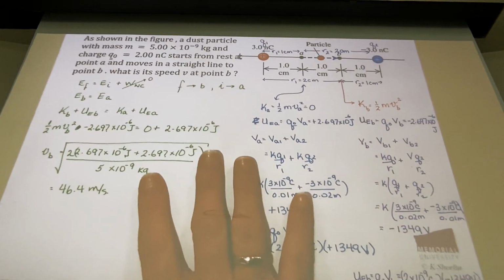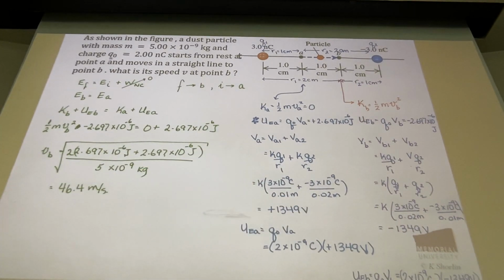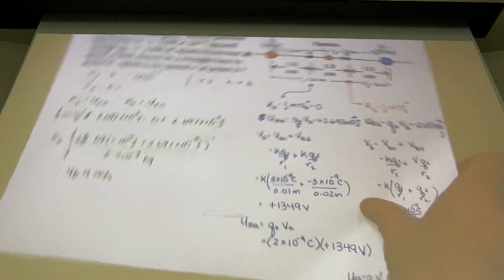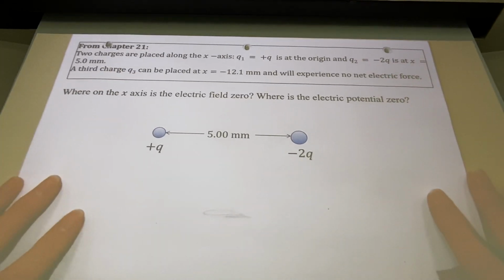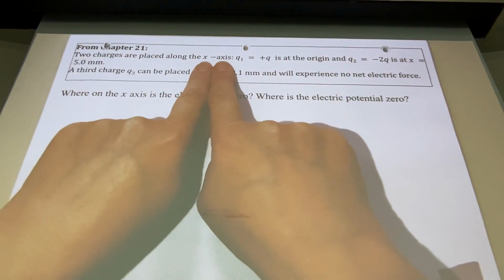Okay, so for our next example, let's stick with things that are in a line. So we're going to flash back to chapter 21 for a second. Way back in chapter 21, we had 2 charges on the x-axis.